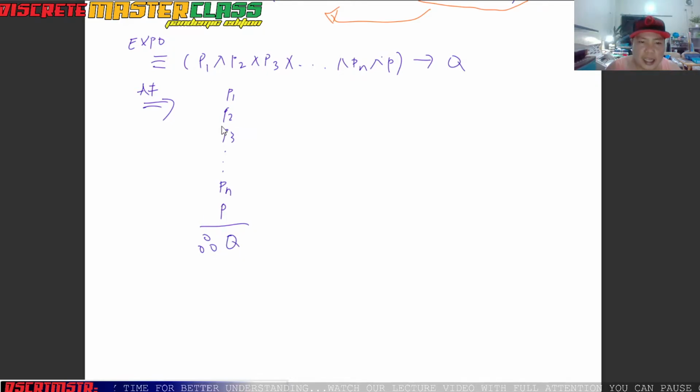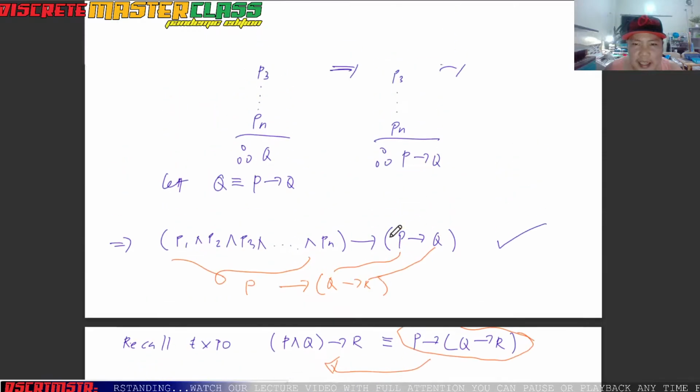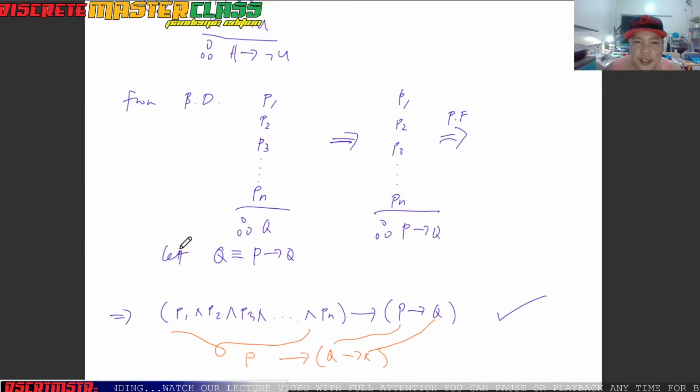Okay. Saan galing yan? Galing yan dito. Etong part na to, ito by RCP. Ngayon, yung part na yan ay galing dito sa ating basic definition.